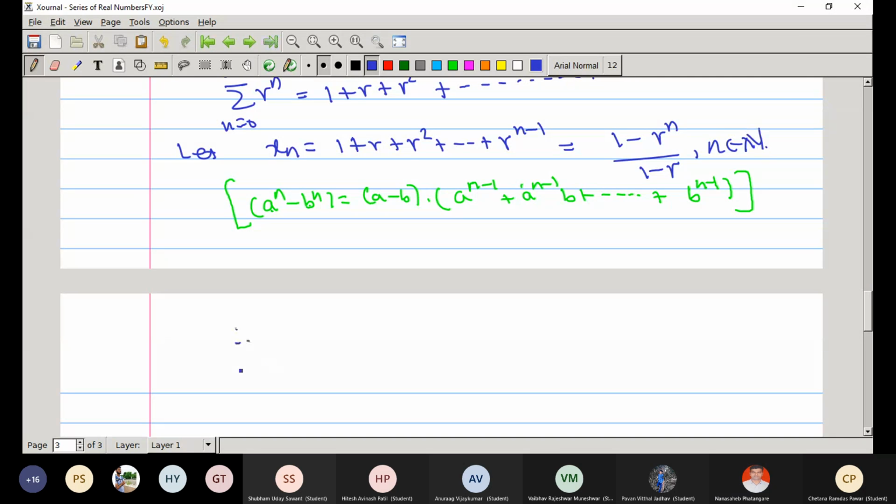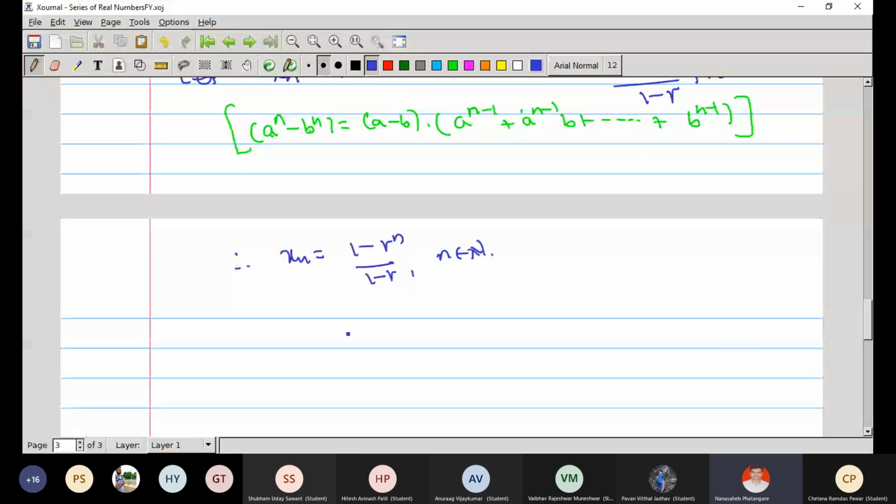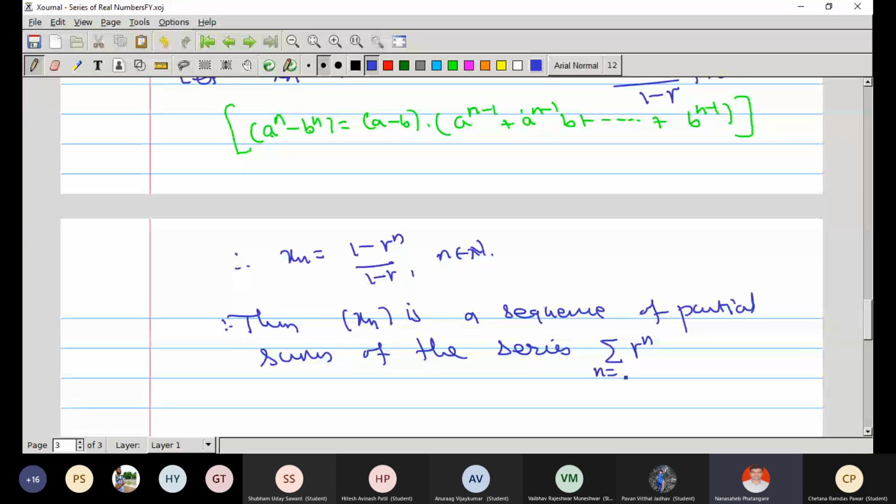Now we found the sequence of partial sums. This is true for each n. Therefore, xn is equal to 1 minus r raised to n upon 1 minus r for each n. Then xn is the sequence of partial sums of the series r raised to n, n from 0 to infinity.